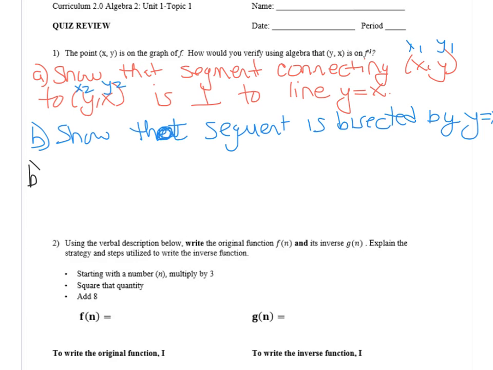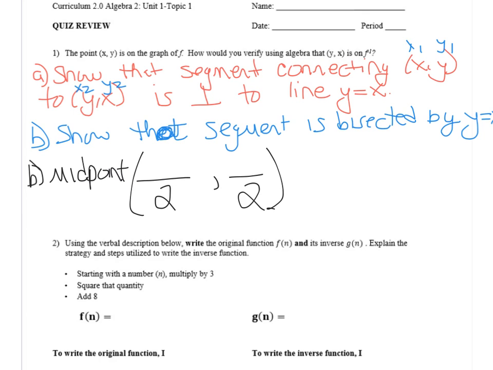So that means for part B, to find the midpoint, that's the average of the endpoints. So we're going to add up the x-coordinates and divide by 2, add up the y-coordinates, divide by 2. So that's going to be (x plus y) over 2, and then (y plus x) over 2.